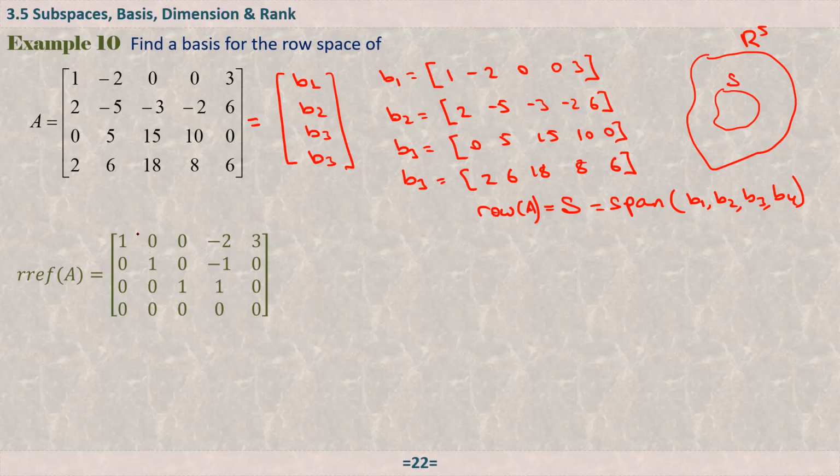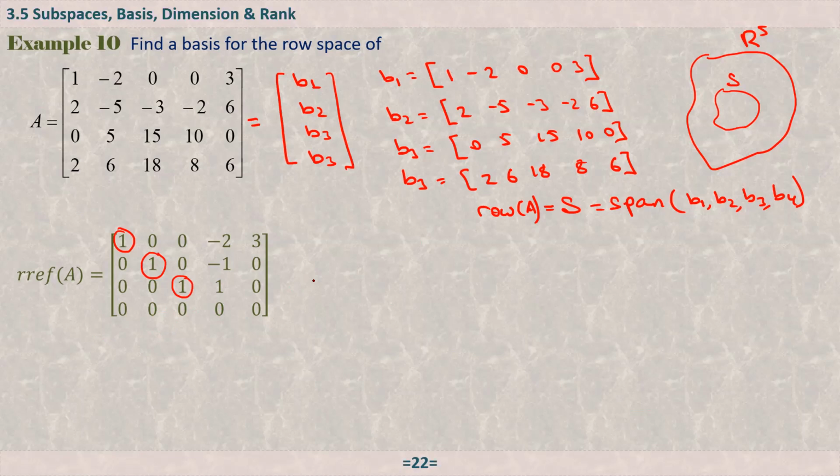And if you remember that example, we don't have to keep all these vectors; we can just use the first 3 vectors, because here we have these pivots. Usually we just pick the rows which have pivots. These 3 rows have pivots, right? So I don't have to keep the last row.